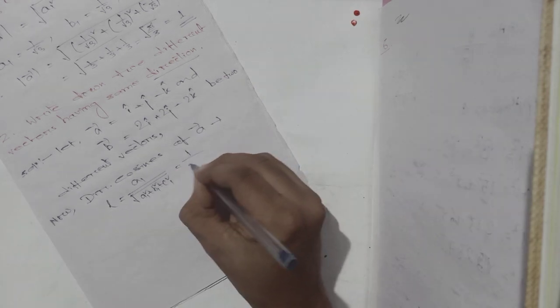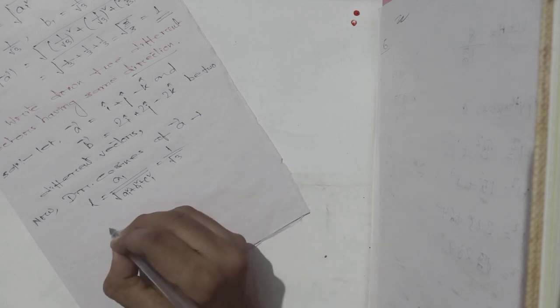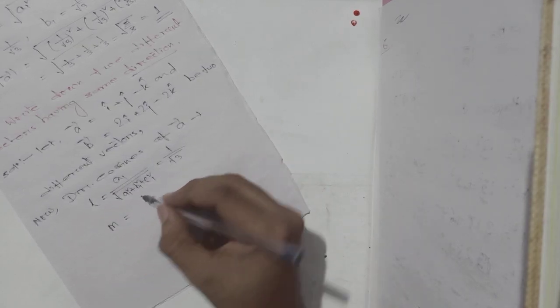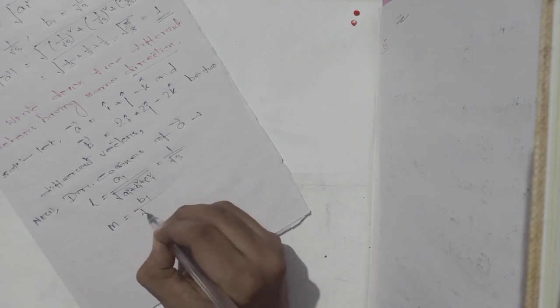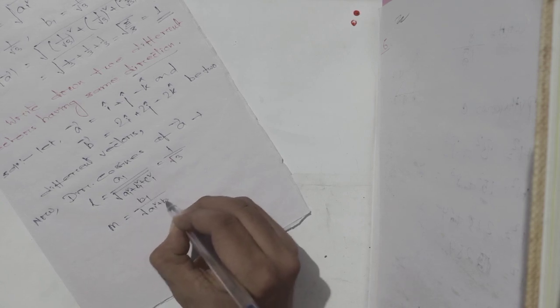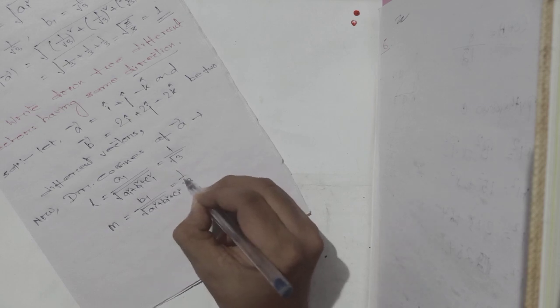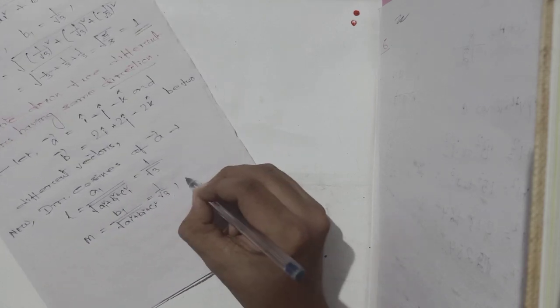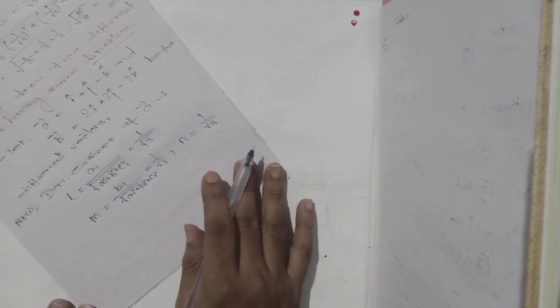So L is 1 by root over 3. Similarly, M is B1 by root over A1 square plus B1 square plus C1 square, which is 1 by root over 3, and N is also 1 by root over 3.